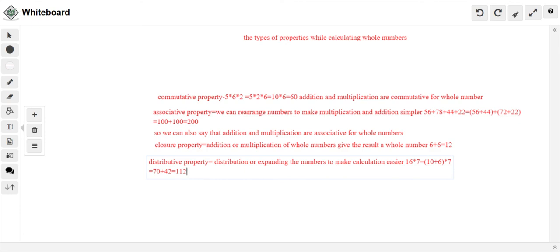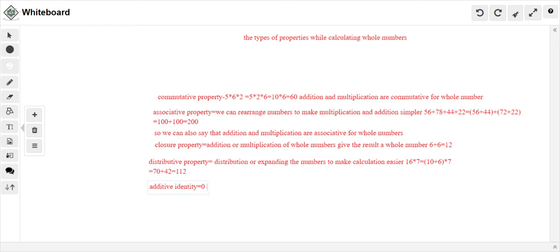Yeah, these are all the four properties: commutative, associative, closure, and distributive. There are two more properties that we can say are kind of like identity properties. There are two identity properties, which are additive identity, which is just zero.